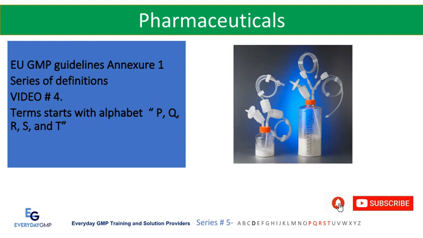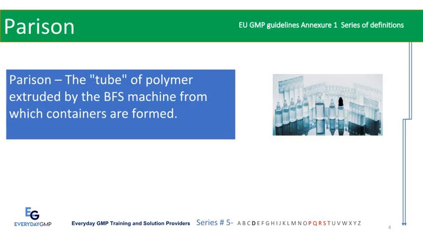So let's start. Parison: the tube of polymer extruded by the BFS machine from which containers are formed. Blow molding is a manufacturing process for forming hollow plastic parts. It is also used for forming glass bottles or other hollow shapes.